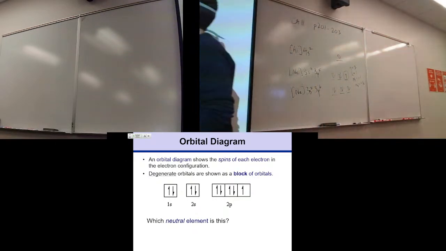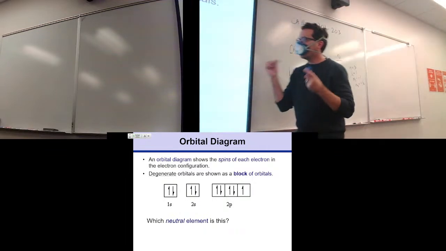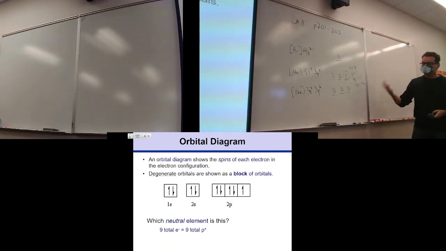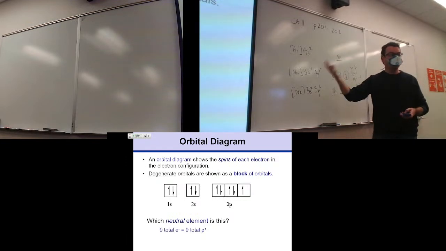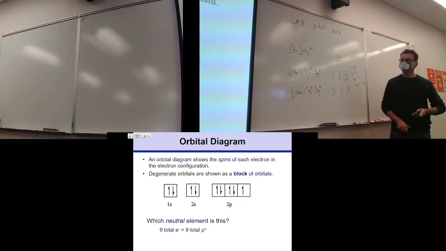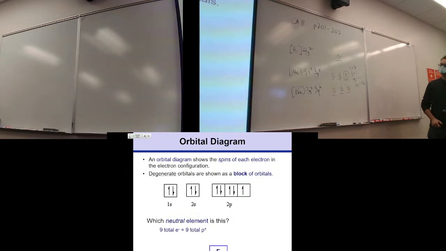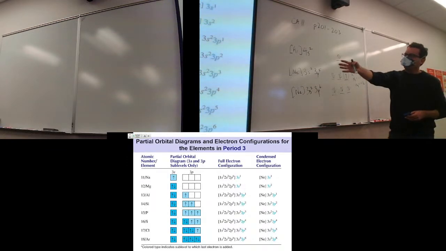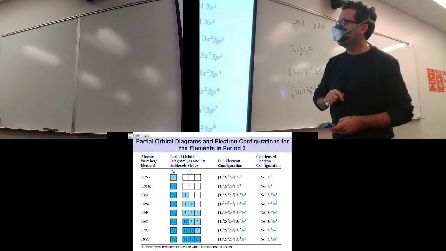When you put the boxes together like this, it's saying that these are all the same energy. Okay? So just know the difference between electron configuration and orbital diagrams. A partial orbital diagram would be just the valence orbitals. Right? That's all. So you'll see that too. And so yeah, that's a partial orbital diagram right here on the left.